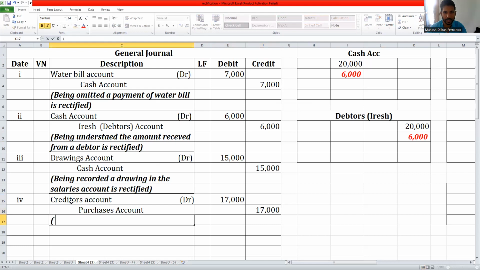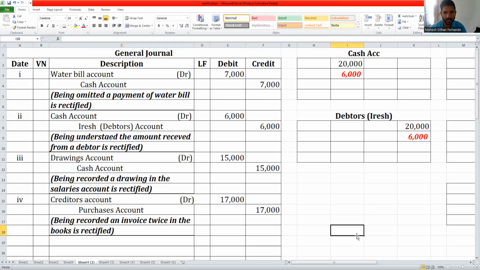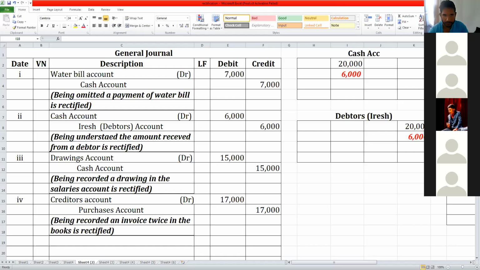Then the narration: Being recorded an invoice twice in the books is rectified. So do you understand this?